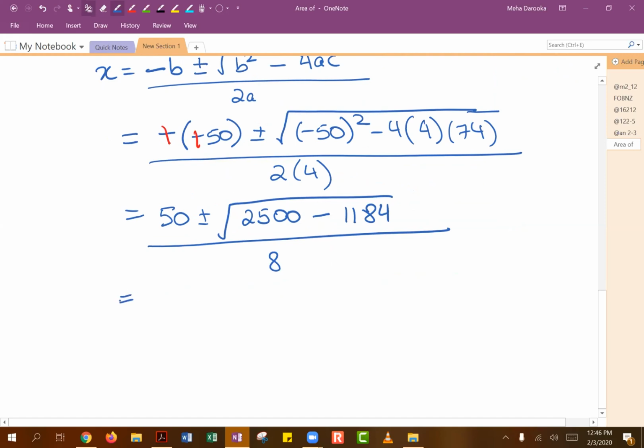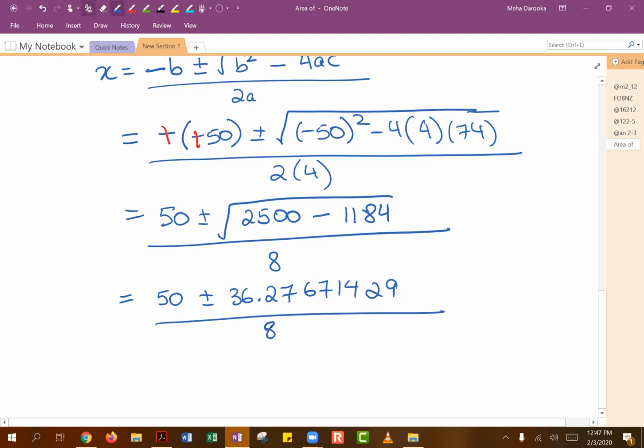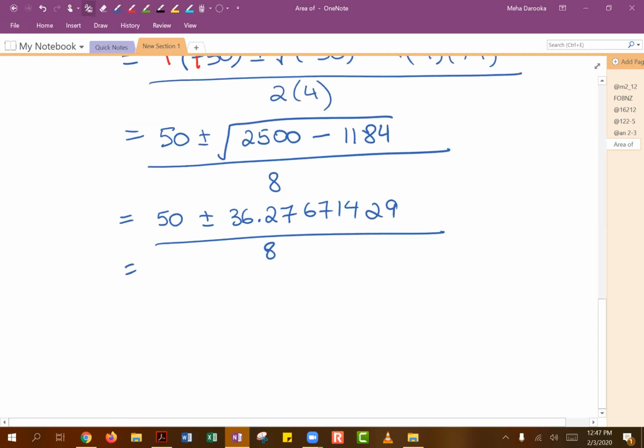Very good. So I will need to do the square root of 2500 minus 1184. And that comes out to be 36.27671429. It is not going to be a happy number, which is okay. In application, you're not always going to end up with happy numbers, right?